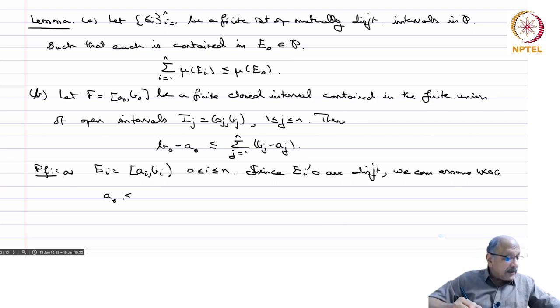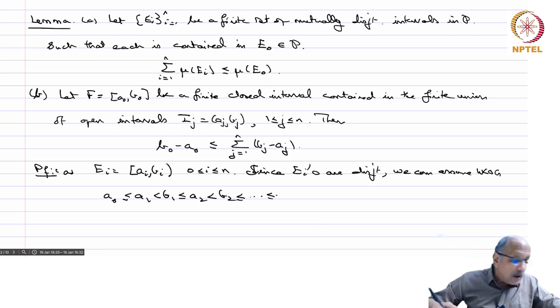So a naught will be less than or equal to a1 strictly less than b1, less than or equal to a2 less than b2, etc., less than or equal to b(i-1) less than or equal to ai.